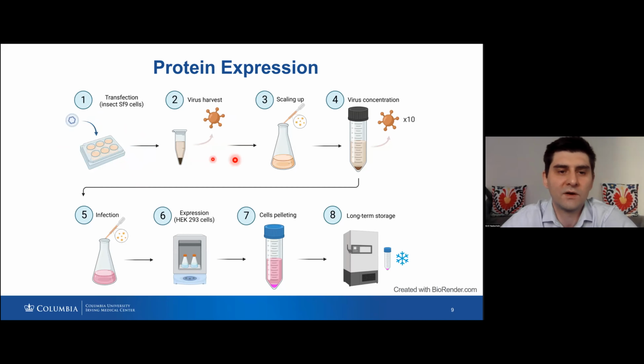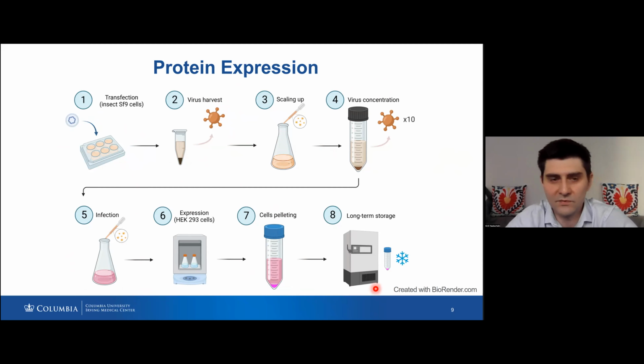Then we harvest virus and use this virus to infect Sf9 cells again to produce even more virus in large scale. After that, we concentrate this virus and use the concentrated virus to infect HEK mammalian cells, express the protein for a couple of days, and pellet them and store them for protein purification.